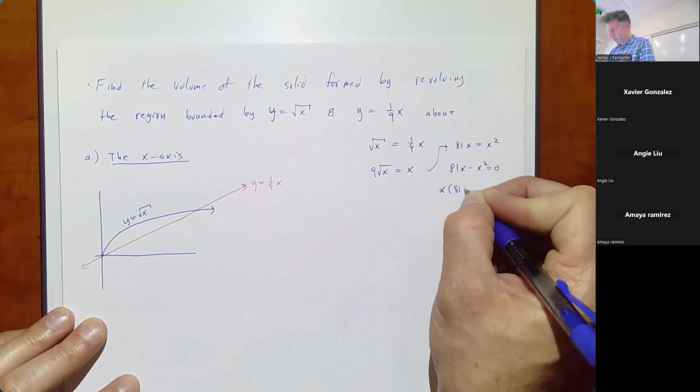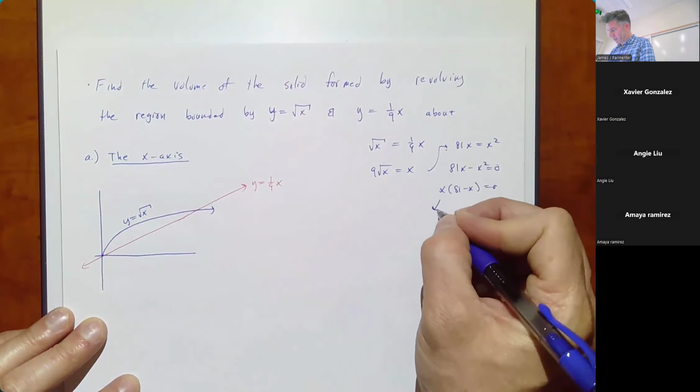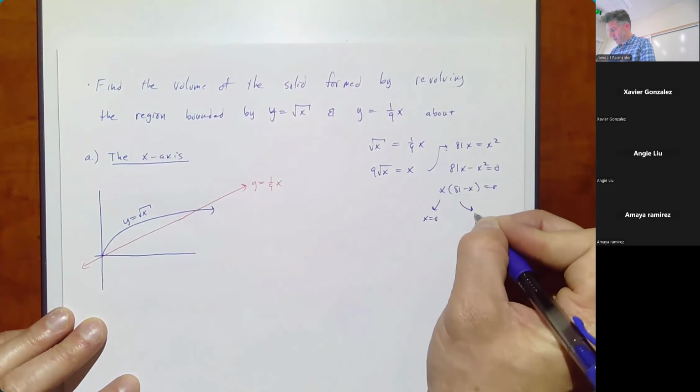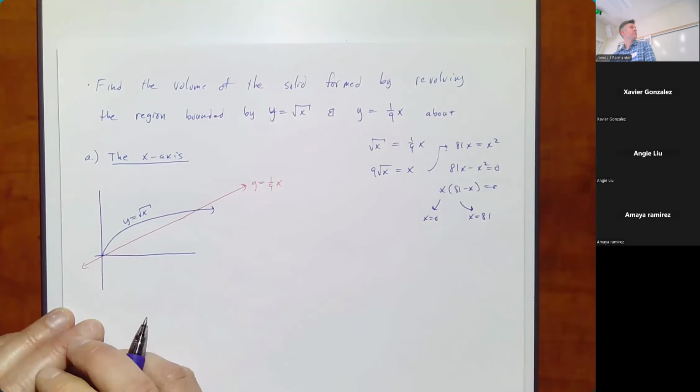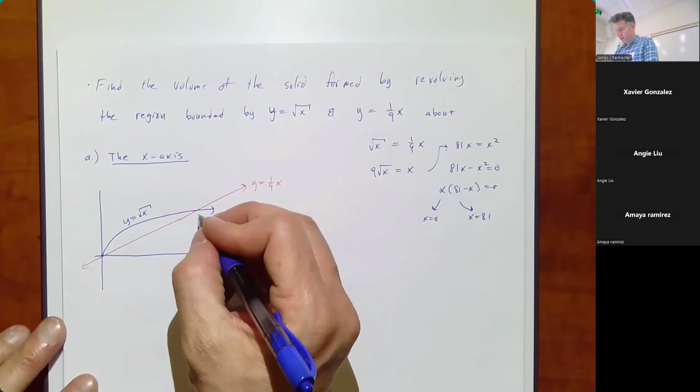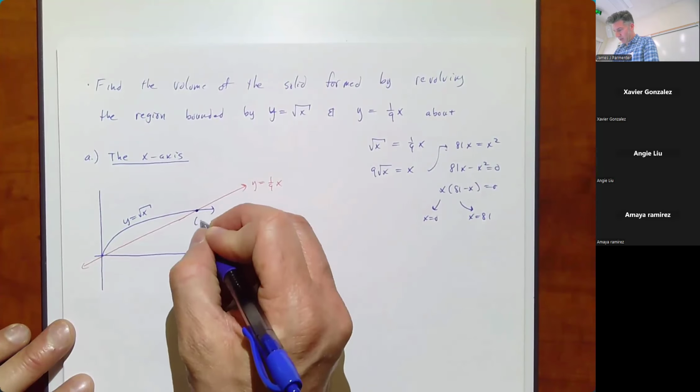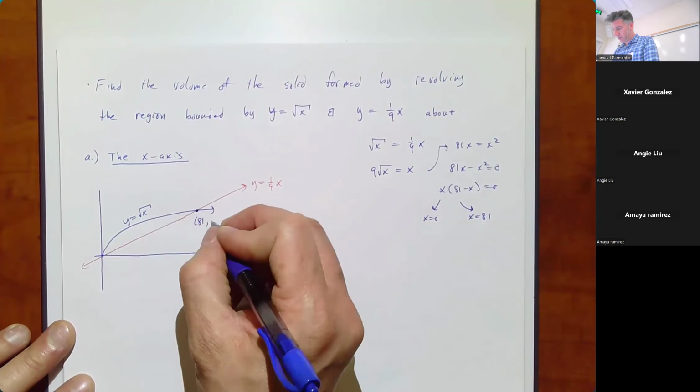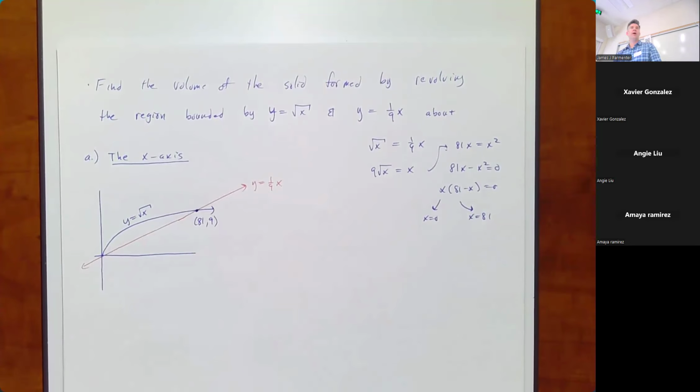X times 81 minus x equals 0. So either x is 0 or x is 81. So this point here is the point 81 comma square root of 81, or 1/9 times 81. Either way, 9. Okay.